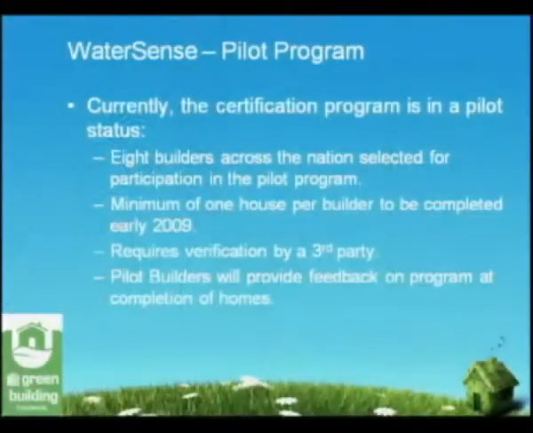Currently, the certification program is a pilot, and 8 builders across the nation are selected to participate in the program, give feedback on the program, and then they really want to roll it out in the early part, or actually mid-2009 with the new specifications. The pilot specs are looking at vanity faucets.